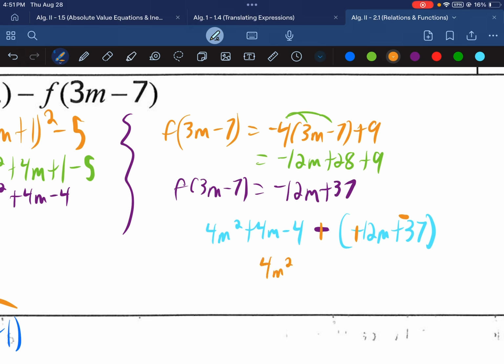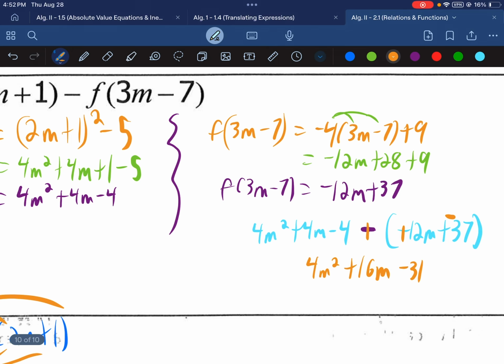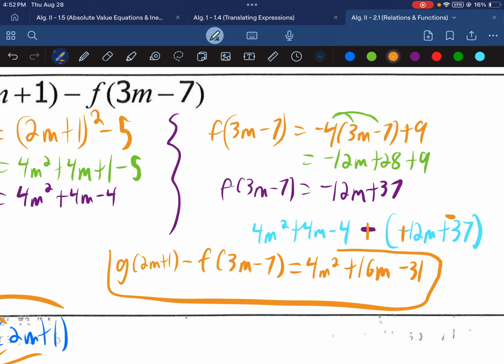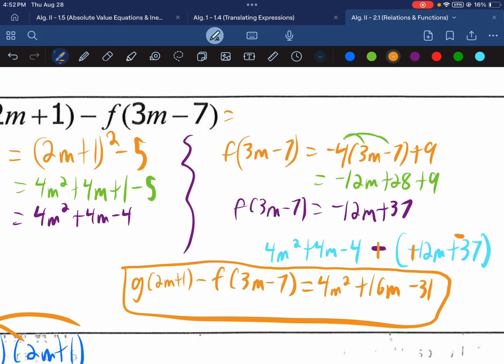So 4m squared combines with nothing else. 4m combines with 12m to create 16m. And negative 4 combines with negative 37 to create negative 31. All that to say, g of 2m plus 1 minus f of 3m minus 7 equaled all of that as our answer, which you also just could have rewritten up here.